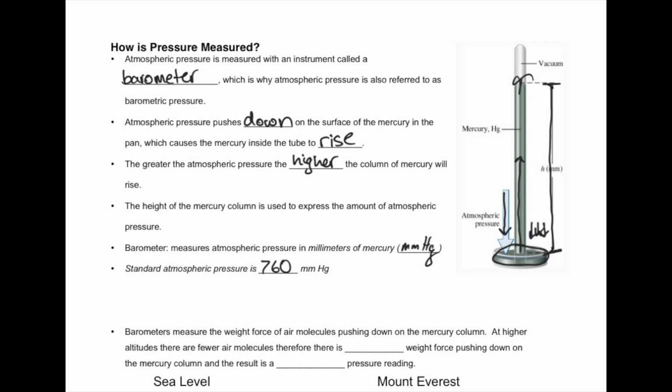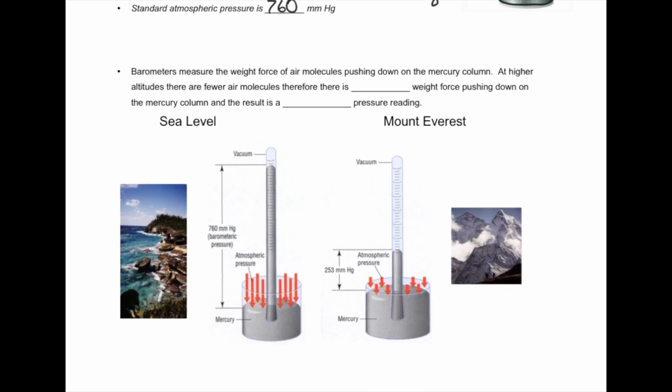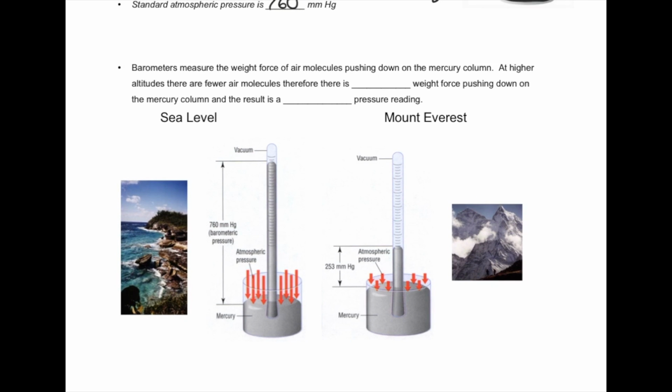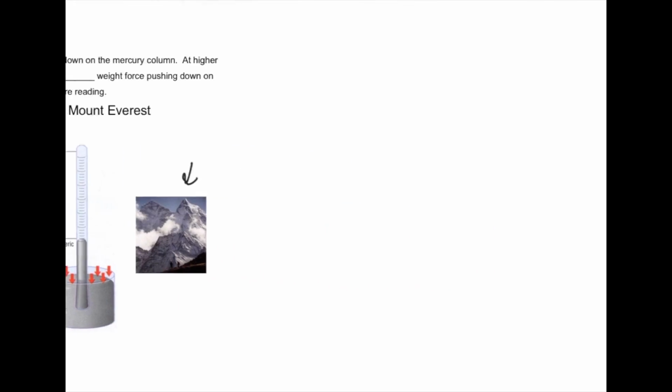Barometers are essentially measuring the amount of force of the air molecules pushing down on that mercury column. At higher altitudes, let's say on top of Mount Everest, there are fewer air particles. I like to draw a diagram here that relates the two.